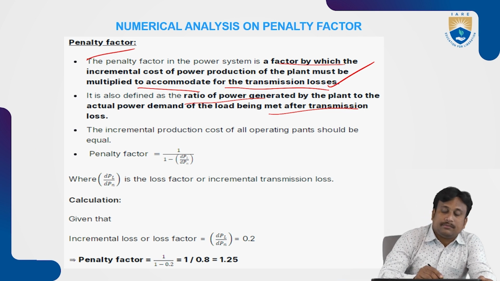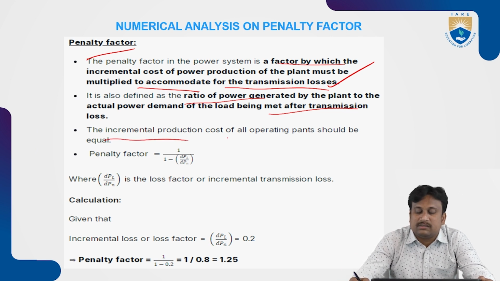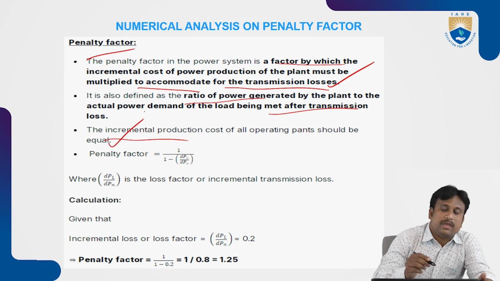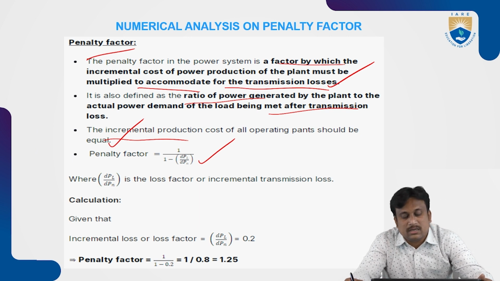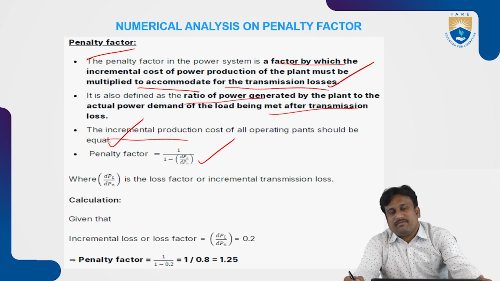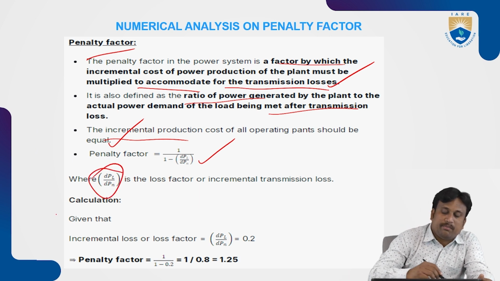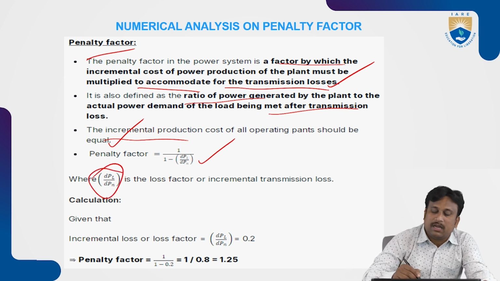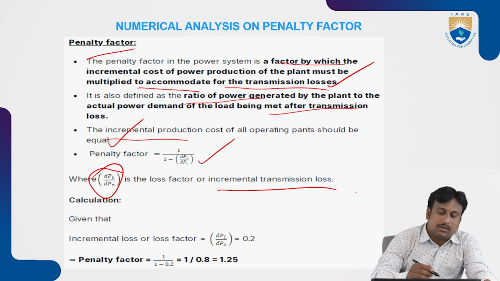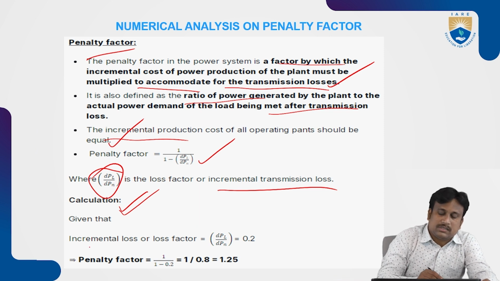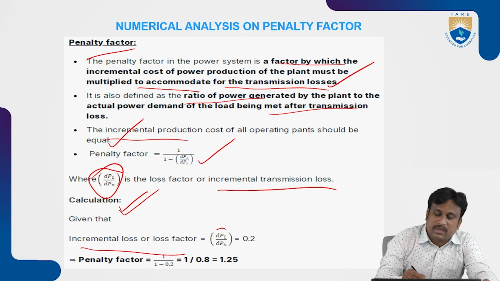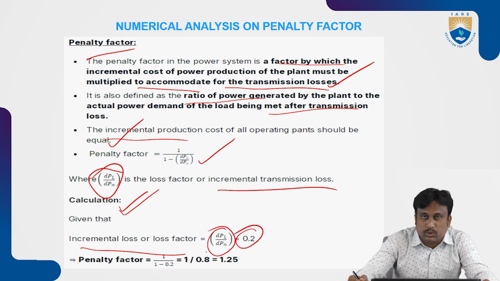Incremental production cost of all operating plants should be equal. Here the penalty factor we may write in equation form as 1 by 1 minus dPL by dPn, for n number of units, where dPL by dPn is the loss factor, the incremental transmission loss. For example, if you want to calculate the penalty factor in a simple manner, suppose the incremental loss or loss factor dPL by dPn equals 0.2.